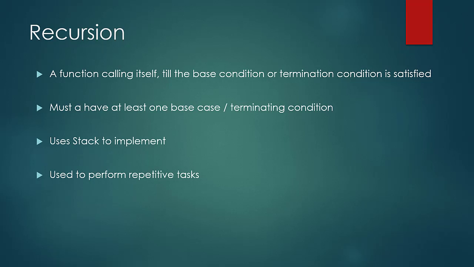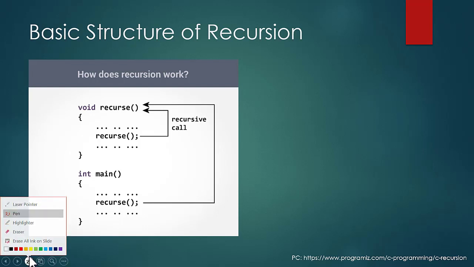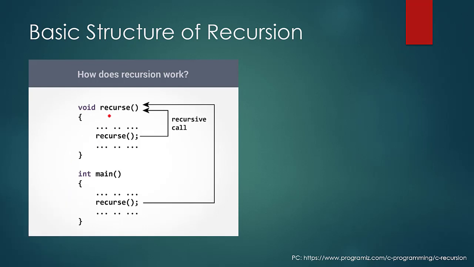Now let us check the basic structure of a recursive function. A recursive function means a function calls itself. So you can see here that the recurse function is calling itself. The first call to the recurse function is done by the main function.